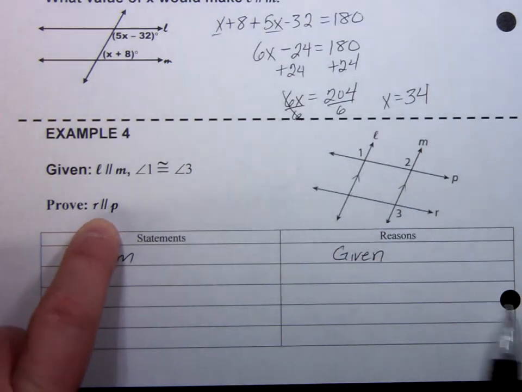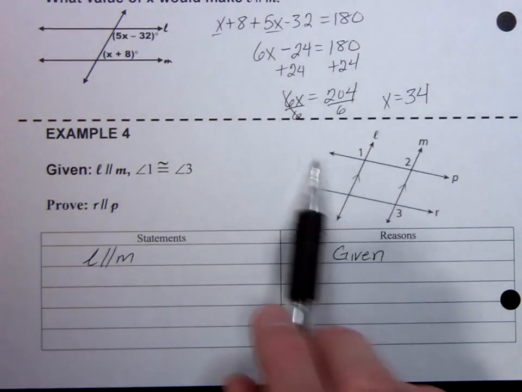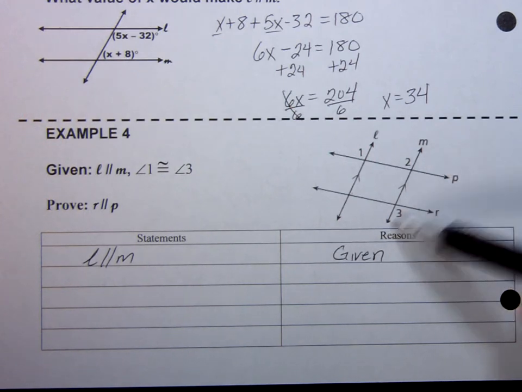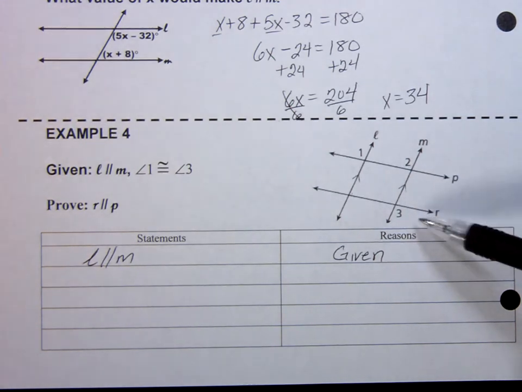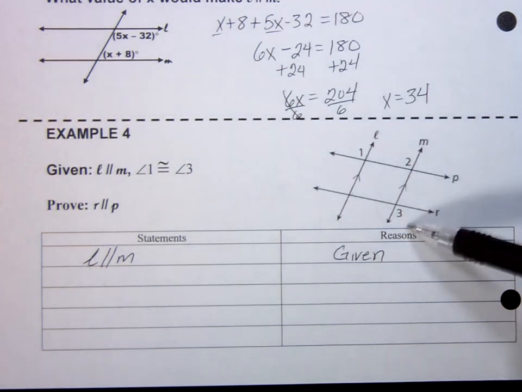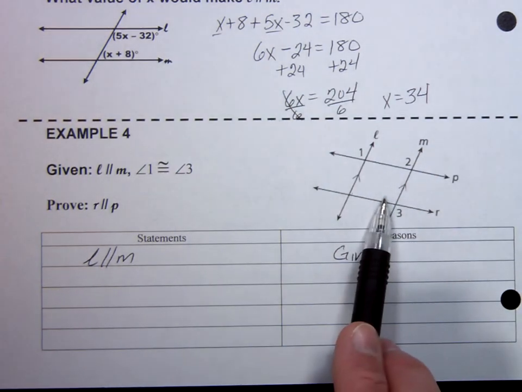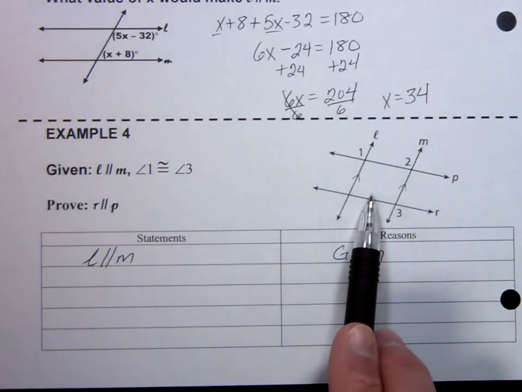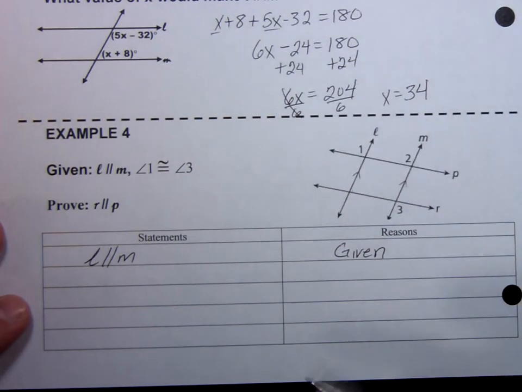So if I'm just thinking through this, lines R and P, I see a couple of angles along the same transversal for R and P. Angle 2 and 3 are alternate exterior angles. If I can show that those alternate exterior angles are congruent, that would prove that these two lines have to be parallel to each other. So in my quest to say that these are parallel, I need to show that angles 2 and 3 are congruent.